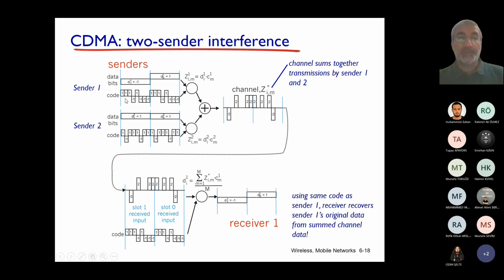The chip sequence, the code for sender 1 is this: 1, 1, 1, minus 1, 1, minus 1, minus 1. And the code for sender 2 is different, as you see: 1, minus 1, 1, 1, 1, 1, minus 1, 1, 1. These two codes are orthogonal.